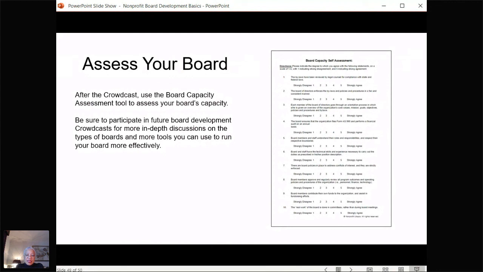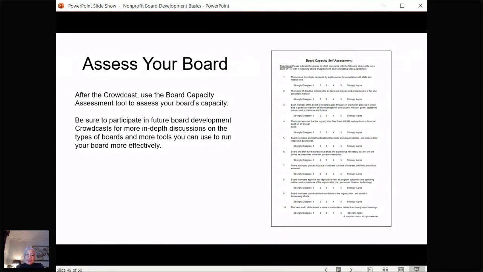But score the assessment and see where you land. The closer your average is to 5, the higher your capacity. The closer your average is to 1, then the more work you need to do.